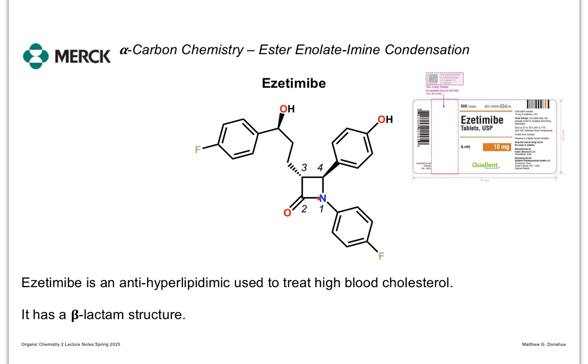So that's an amide. And so there's an alpha carbon, there's a beta carbon. Because it's a cyclic amide, it's called a lactam. And then it's a beta lactam because it's a 4-membered ring.